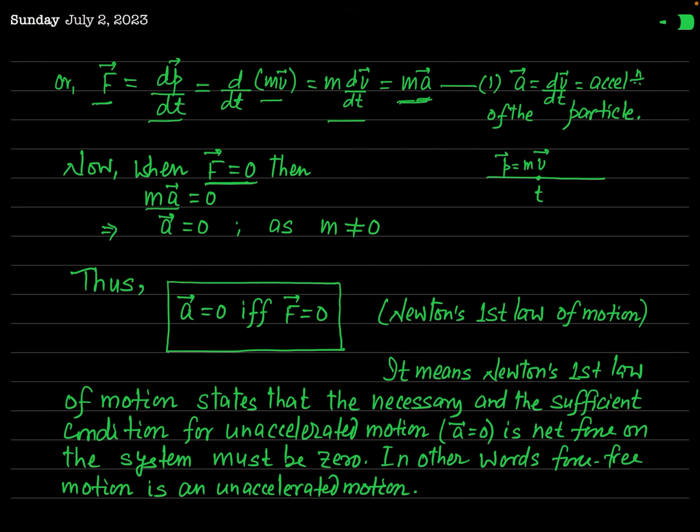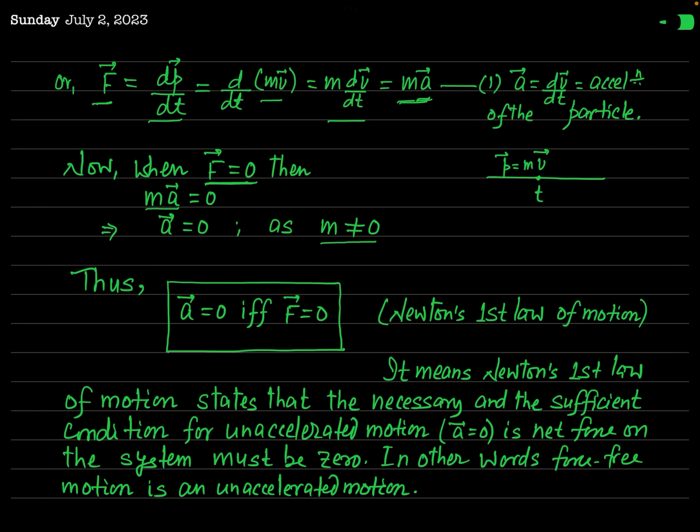But when you talk about Newtonian mechanics, you should know that the mass of the particle cannot be 0. Because in Newtonian mechanics, whenever you say a particle, the particle is associated with mass. Newtonian mechanics does not talk about massless particles.